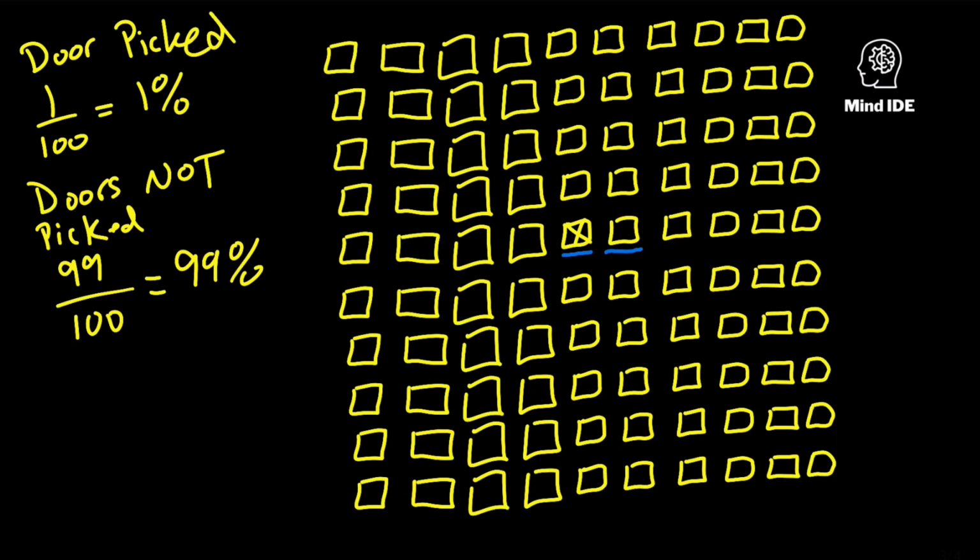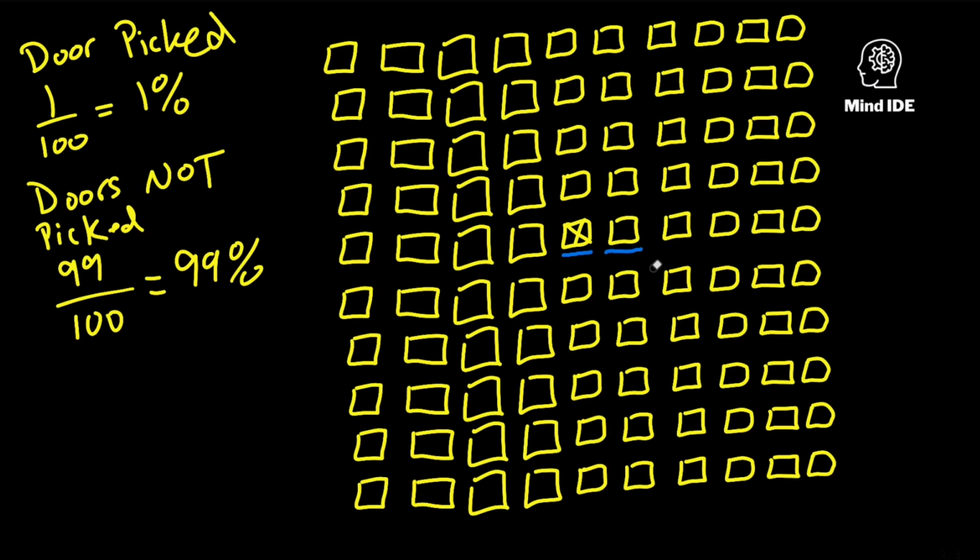It's still group 1 and group 2. And group 1 is your first door, 1 out of 100. Group 2 is 99 out of 100. But they're guaranteeing you that if you switch, this will have the prize. If you don't switch, then maybe the prize is behind your door or behind this one other door. So obviously you should switch, because it's going to be a 99 out of 100 chance. So 99% chance.